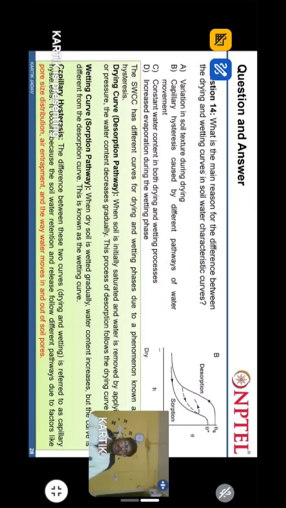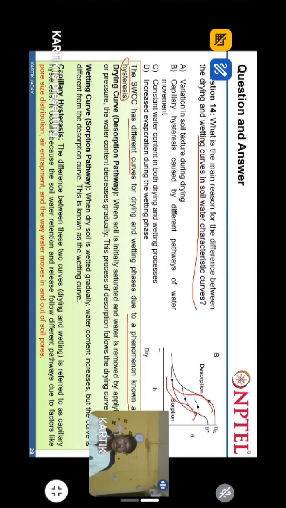Question number 14. What is the main reason for the difference between drying and wetting curves in the soil water characteristics curve? Let's understand. The soil water characteristics curve is different for drying as well as wetting conditions, and that phenomenon is due to the capillary hysteresis effect.